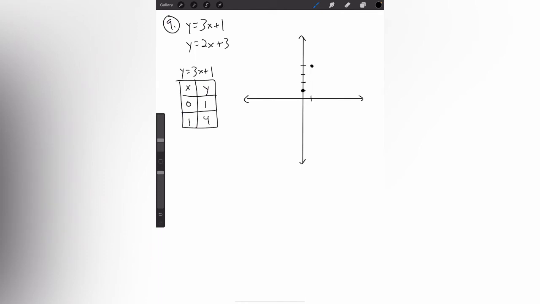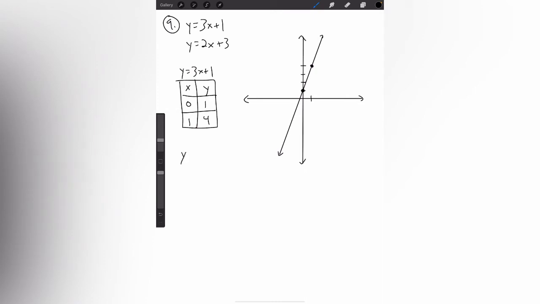And I'm going to draw a line that connects my 2 points. That doesn't look the best. I'm going to try that again. I'm going to start here. There you go. That will do. All right, that's my first line.